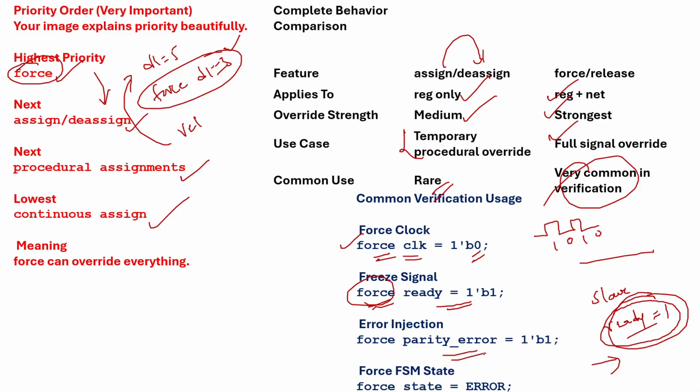And then for errors you are injecting, I need to know where the error is exactly coming from. So I inject a force, parity error 1 bit. If you are not getting the value at the output side, it means there is an error before those lines. Say you place a force, parity error equal to 1, at line 100. If you get the value at the output side, then there is no error up to 100 lines.